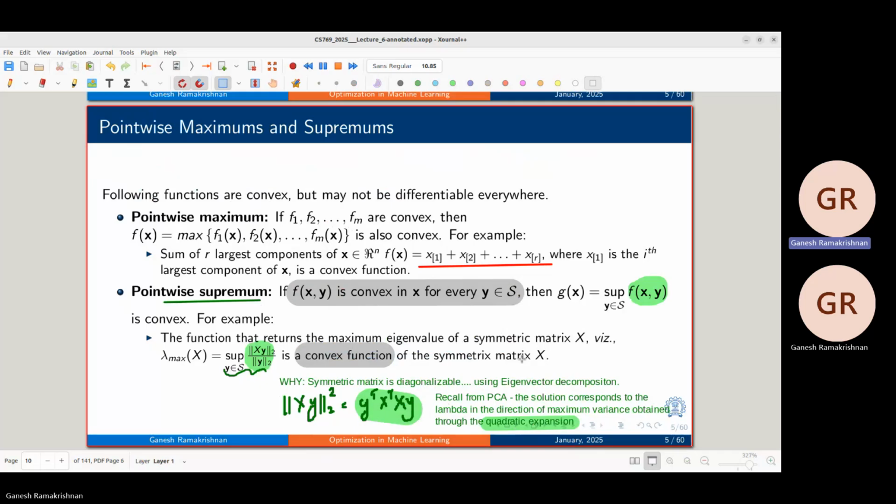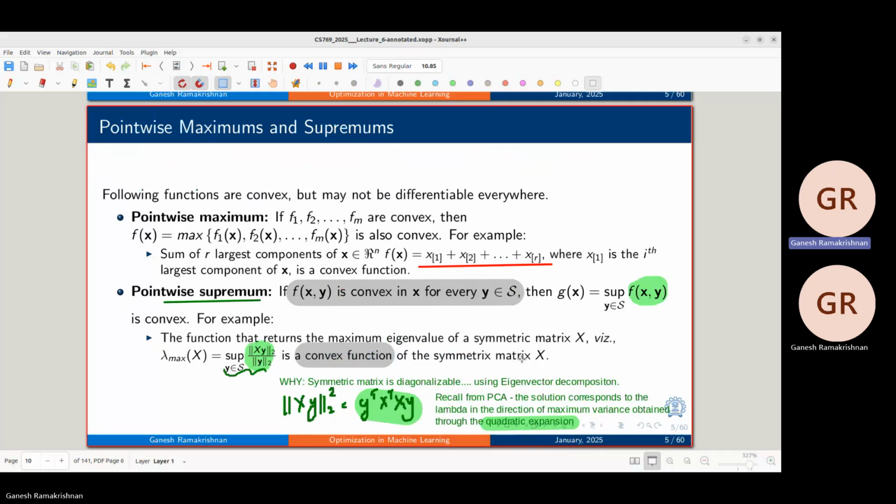So the question naturally comes: this is fine if x is symmetric, but what if x is not symmetric? What can I do? Will the same definition hold? See, here I used the same norm. The numerator norm is in Rn, the denominator is also in Rn, right?